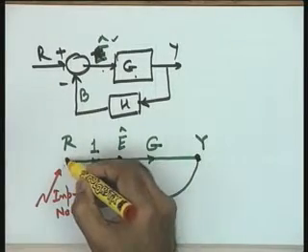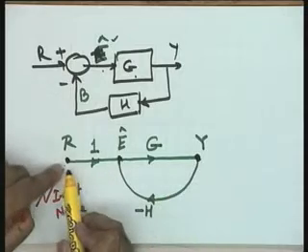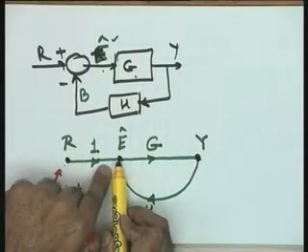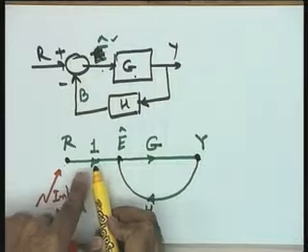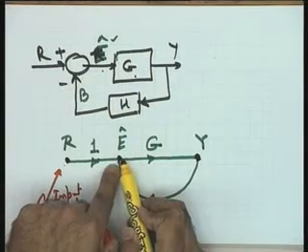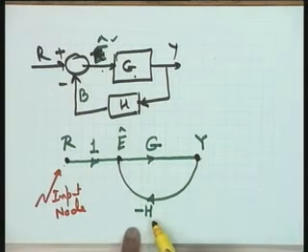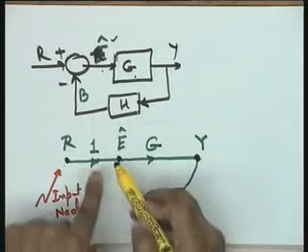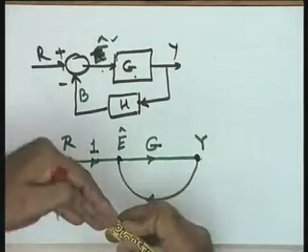That is why the value of this node R depends upon the value you define for it. Now, this particular signal is travelling on this branch, in the process gets multiplied with the transmittance 1 and is delivered to this particular node. This signal Y is travelling on this branch, in the process gets multiplied with the transmittance minus H and gets delivered to this node, and hence this node variable is the sum of the two.